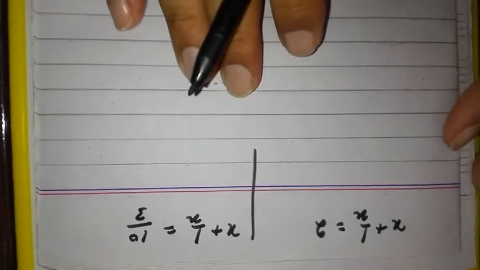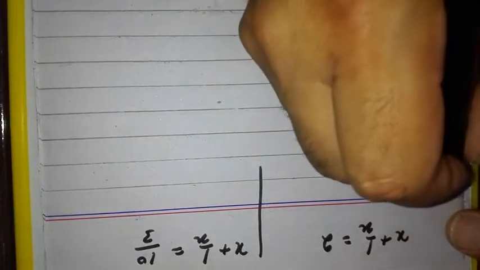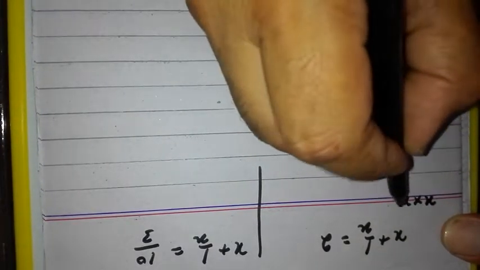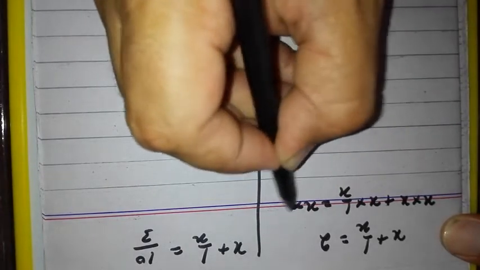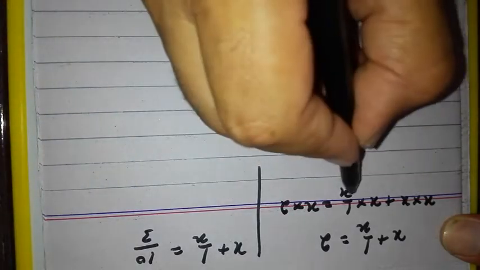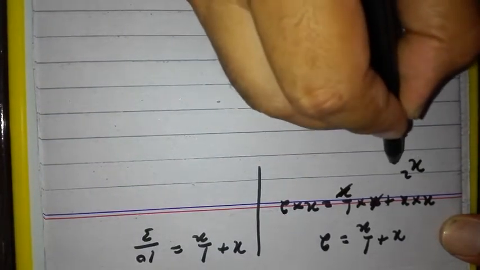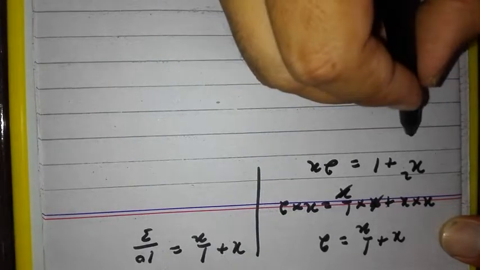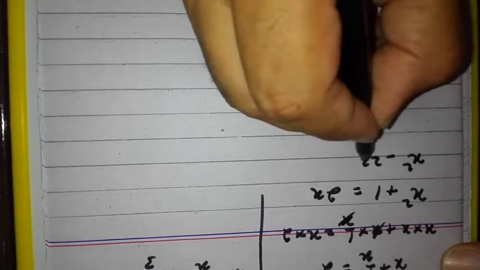Now multiply both sides of this equation by x, so we get x into x plus x into 1 by x equals x into 2. This x cancels with this, so we get x square plus 1 equals 2x. Shift this 2x to the left side, so it becomes x square minus 2x plus 1 equals 0.